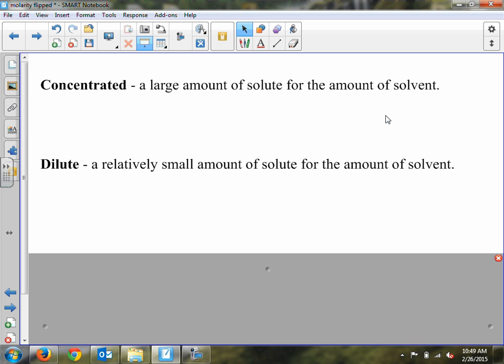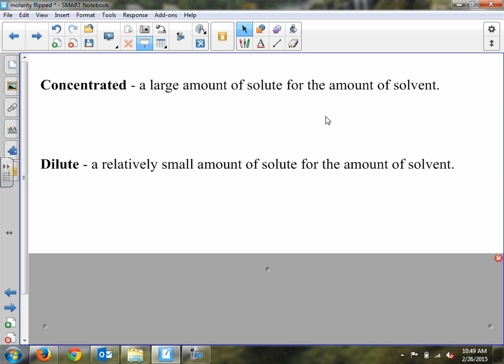Most would say that's concentrated. My question then is, how do you know when it goes from dilute to concentrated? Quite often students will say, if you have 50 grams in 100 grams of water, that must be where it changes. So does that mean 48 grams is dilute and 51 grams is concentrated?